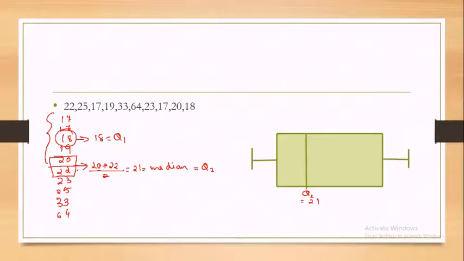You take the 75 percentile values and you will get the middle value. Take the middle value and you will get Q3 as 25 over here. So Q1 is equal to 18, Q3 is equal to 25.